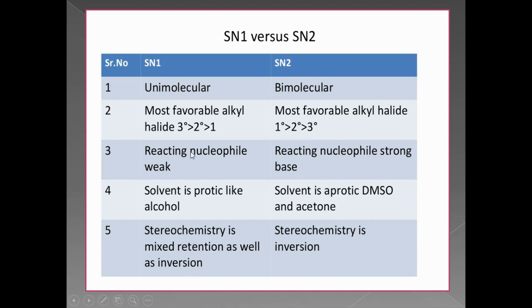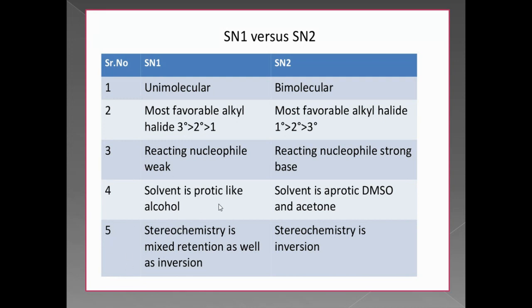Then the reacting nucleophile is weak in the SN1 reaction, because the leaving group is already strong and can easily leave when even the simplest nucleophile is added to the reaction. But in SN2 it depends upon both, and that's why the reacting nucleophile is strong in the SN2 reaction. The solvent in SN1 is protic, like alcohol, which donates an H positive ion and facilitates the reaction.